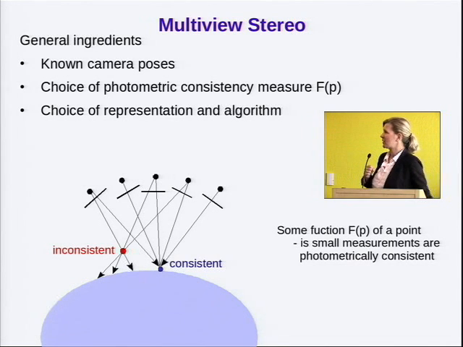But already on this picture, you can easily see that you can have environments where inconsistent points, if you do not have properly designed photometric consistency measures, will appear to be consistent, in the sense of having very small differences.